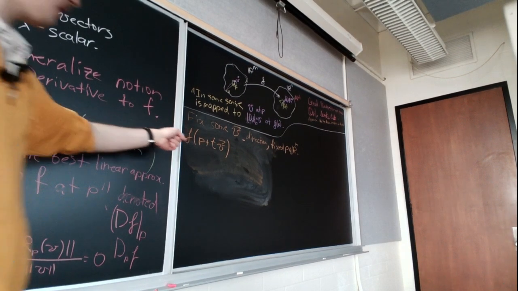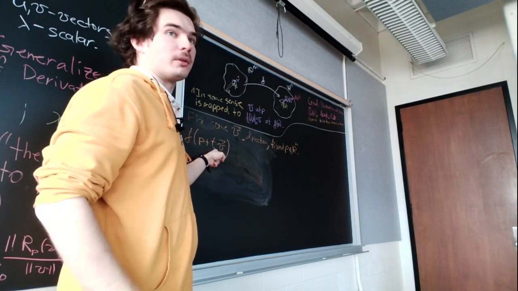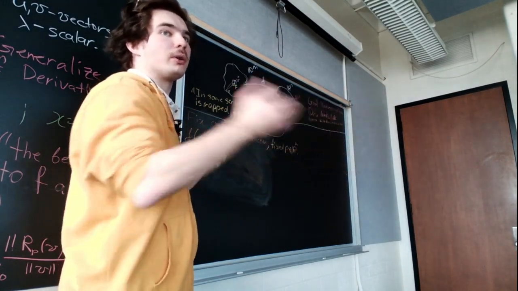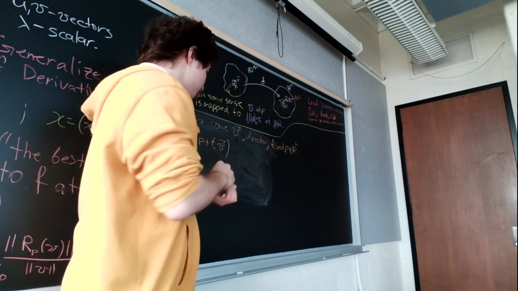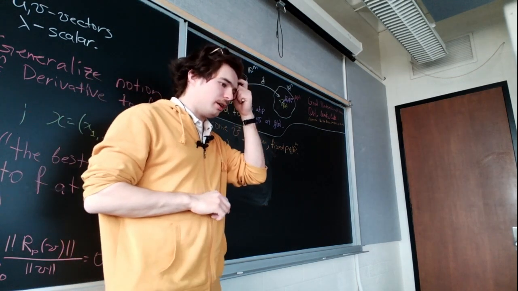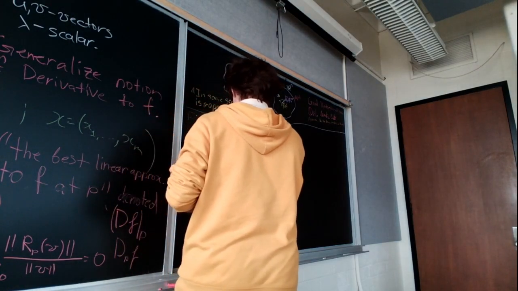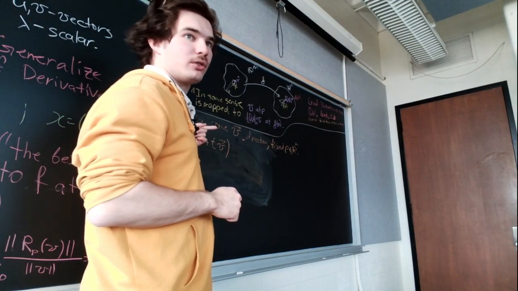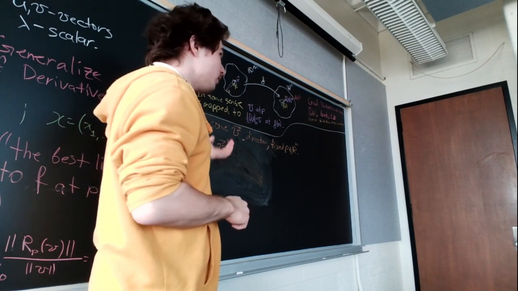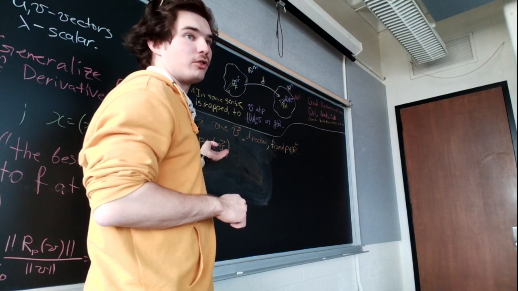Now, as you can see, I fixed v, I fixed p. This is a function of just one variable t. This is a function from R to R. We know how to take a derivative of this. So what do we then expect? Intuitively, I can now take its derivative with respect to t.